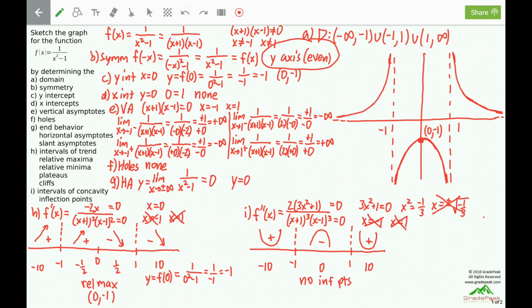So it is showing that symmetry as it should. And we followed all the behaviors of the vertical asymptotes. Everything is checking out here. This will be the graph of f of x.